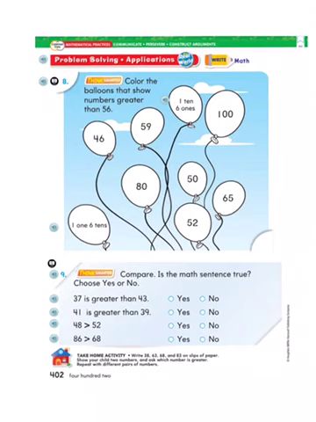If 37 is greater than 43, I'm going to choose yes and fill in that bubble. If 37 is not greater than 43, I'm going to fill in the little no bubble. Okay, and then just keep reading these and choosing if it's true or not. All right, good luck.